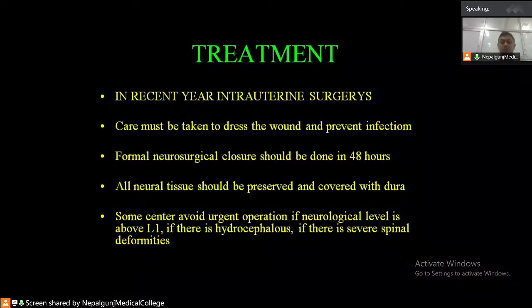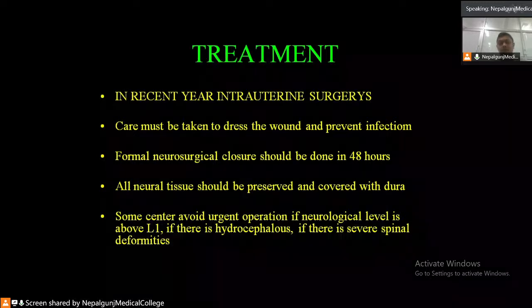Formal neurosurgical closure can be done within 48 hours, and all the neural tissues should be preserved and covered with dura. Some centers avoid urgent operations if the neurological level is above L1, if there is hydrocephalus, or if there are severe spinal deformities.